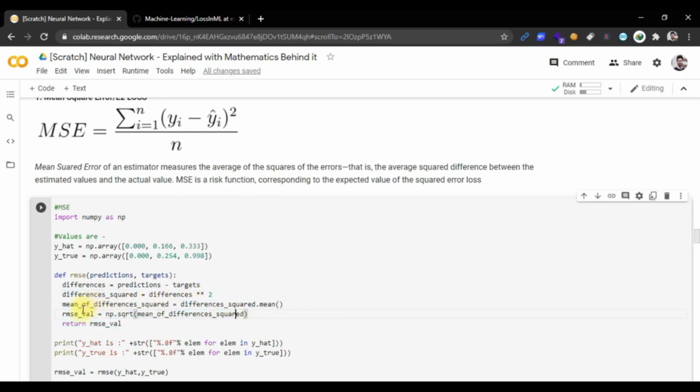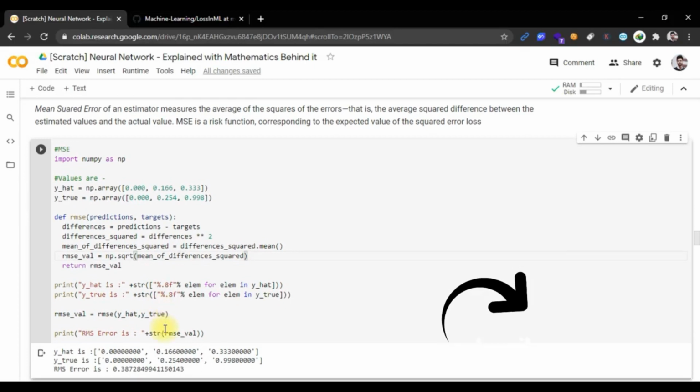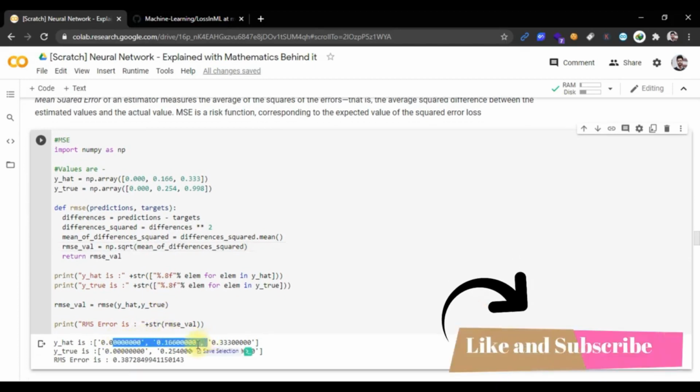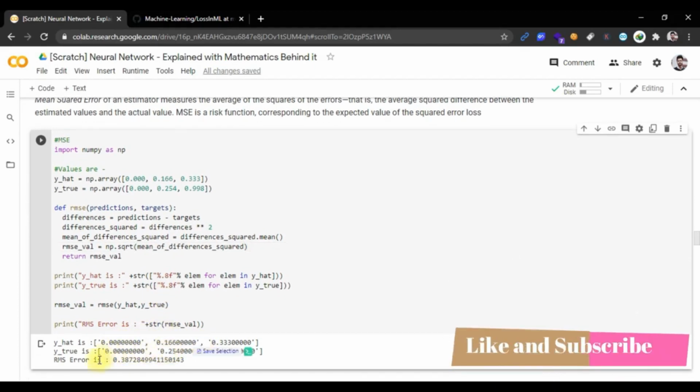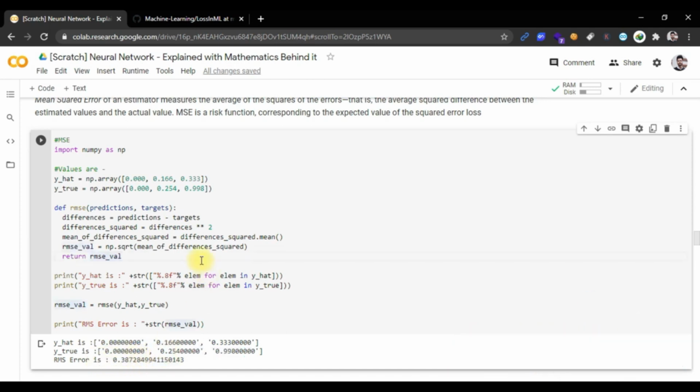By getting the square root, I can get a very small or very decent value that I have to change in our neural network to update our biases or weights. So here, like this is our y hat and y true, you can get our RMS error here. In this way you can calculate the loss by using the mean squared error function.